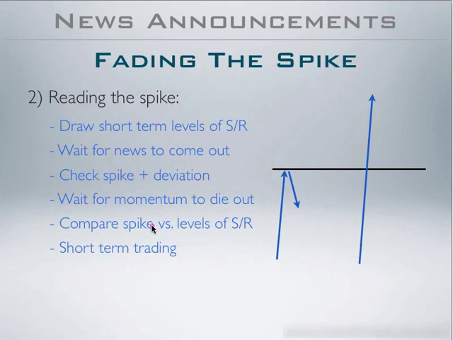Then we would wait 10 or 15 minutes for the news momentum to die out, to settle down, and once those 10-15 minutes have passed by, we would compare the spike against those levels of support and resistance. We would be basically verifying whether the spike had breached through those levels of support and resistance, or whether those levels had been holding and therefore the spike gave us a sharp bounce off those levels.